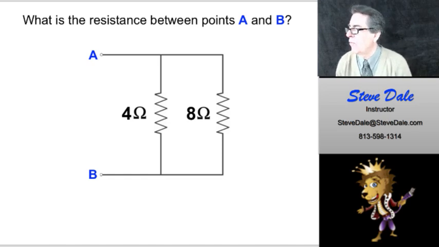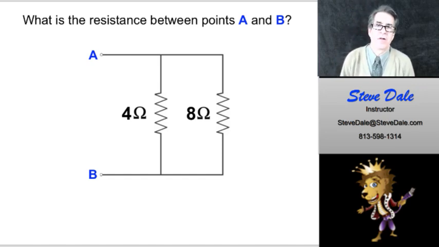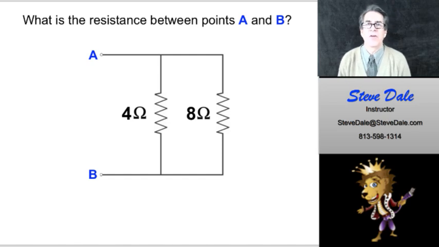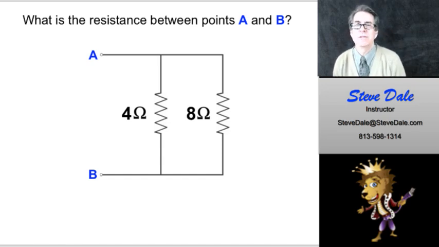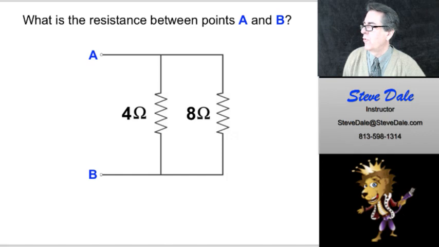I can tell you right away what the value is less than. Remember earlier I said if you have a parallel circuit, the total resistance of the circuit is always less than the smallest resistor value. So I know it's under 4 ohms, because it's a parallel circuit. There's more than one path to flow along, so I know it's under 4 ohms.